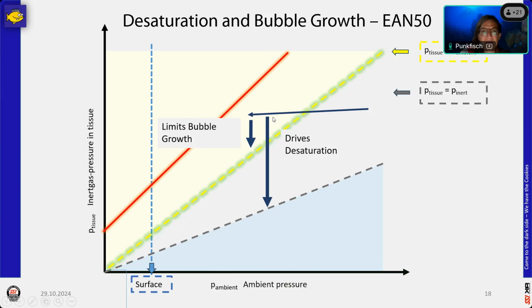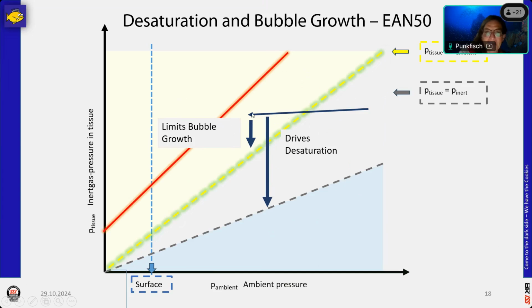We have a way faster desaturation. So the pressure difference between the inert gas in our tissue and the inert gas in our lungs is so much bigger that desaturation happens a lot faster.